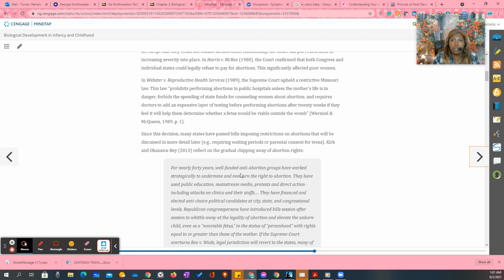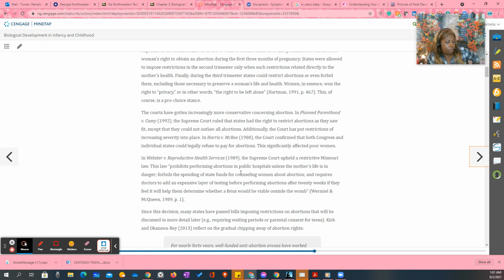I read an article one time about a mom who, this was her third child, and she was 7 months pregnant. At 7 months pregnant, the ultrasound had determined that the baby would be severely disfigured. She and her doctor decided, and this is not her first child, and she was an adult, that this would not be a good choice.